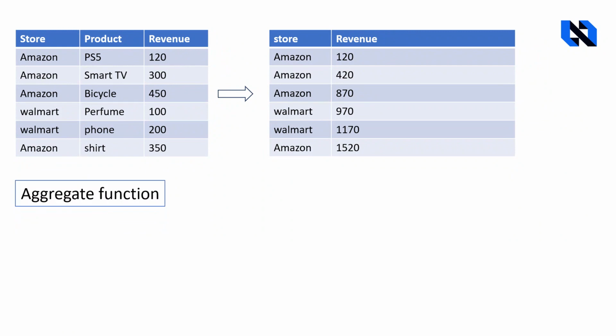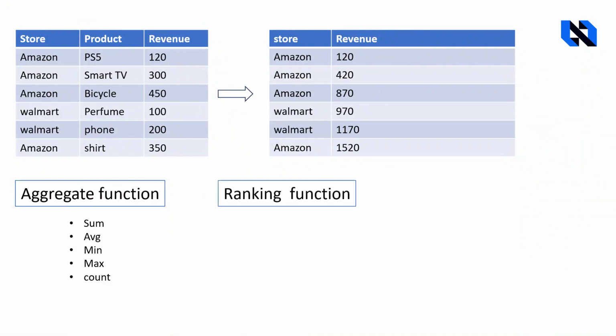Now, we have various kinds of window functions. We have the aggregate window functions, just like we're familiar with aggregate functions in the group by clause. These are your sum, average, min, max, and count. There are still a whole lot of aggregate functions, but let us stick with these as they are the most common aggregate window functions.